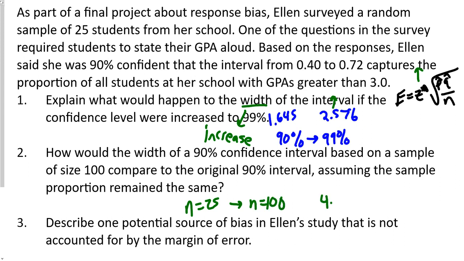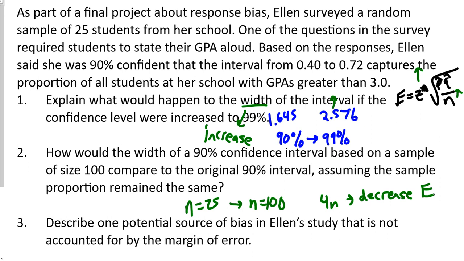So we're doing 4 times the n. Well, if you increase the n, that means you're dividing this by a bigger amount. So you're like over here increasing the n. That would actually decrease the whole margin of error.